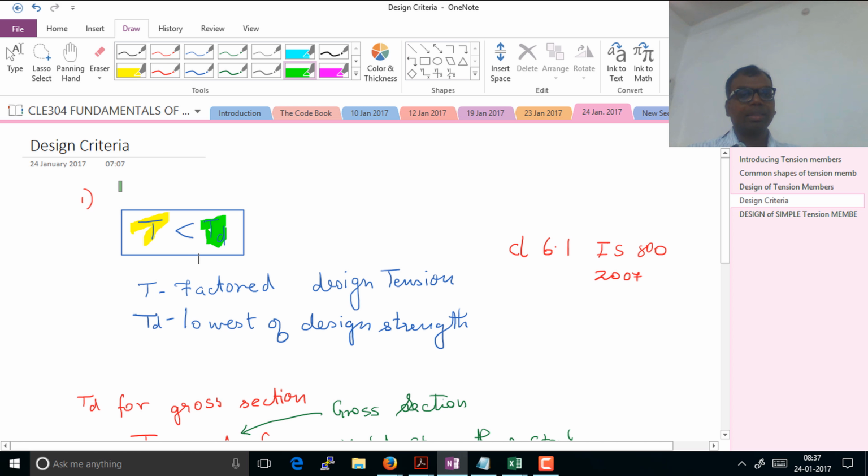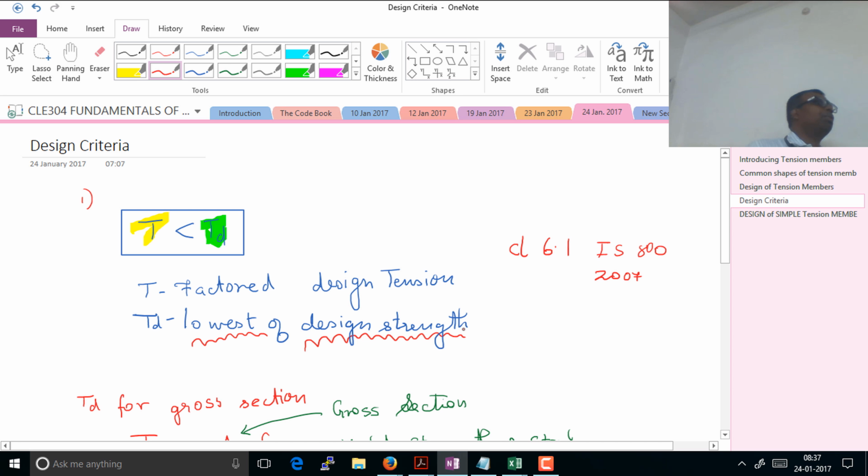If you look at it, there is a point that says this is the lowest of design strength. So there can be more than one design strength which we have. What do we do in the tension design?